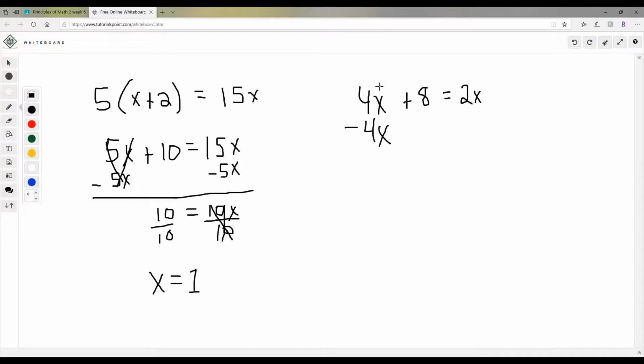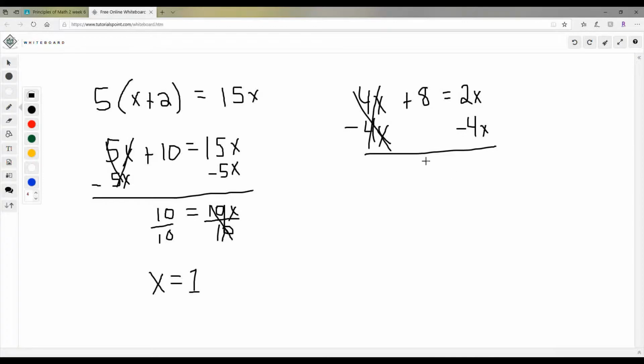That cancels this out, because we're canceling out 4x. Over here it was a different story because we were not dividing by 10x. We were just simply dividing by 10. That's why it's a different story. Whatever we do on this side has to go on this side. So let's subtract 4x and solve our problem.